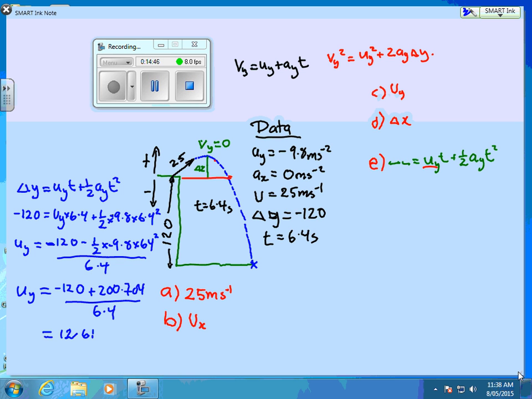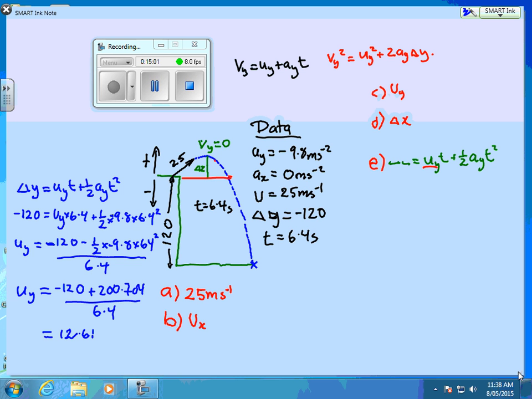So what's this 200 from that one? I still got 12.61 as an answer. No, but 200.704 divided by 6.4, 9.8. That's like 6.4 squared. No, it's not factorial.